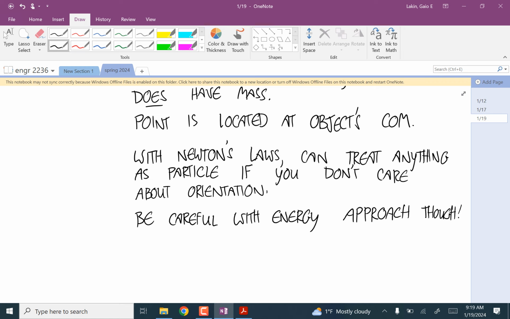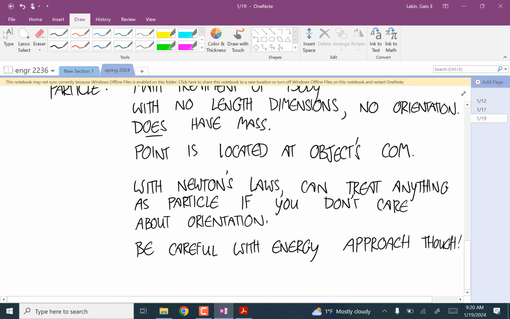With Newton's laws, you do the translational equations of motion, Newton's second law, separately from the rotational equations of motion. They're totally independent things. But the kinetic energy of a body is the translational kinetic energy of its center of mass plus the rotational kinetic energy, and you can't separate those two.